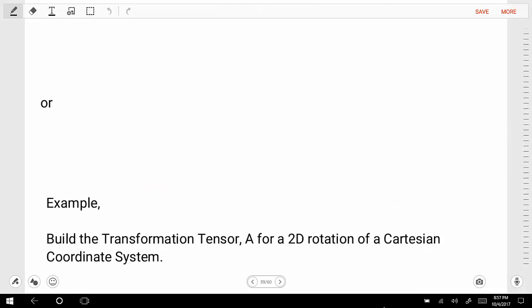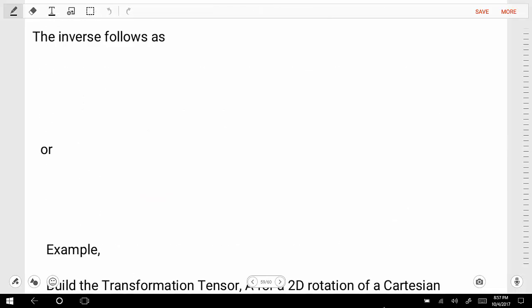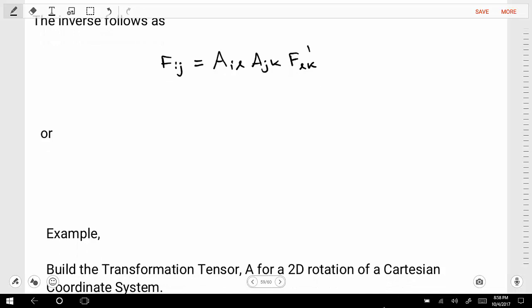So with this knowledge, we can do the inverse of this operation. The inverse would follow that our original tensor can be found in relation to our transform tensor as follows: A L, A J K, F L K prime, or if we rearrange it and put it in coordinate free form, the tensor F is equal to A, transform tensor F, A transposed.